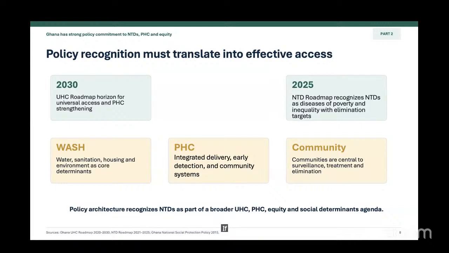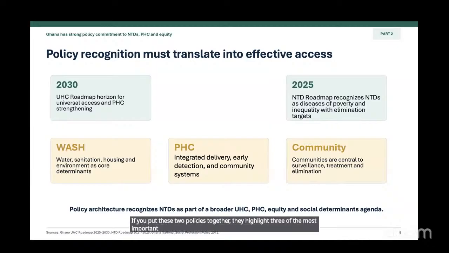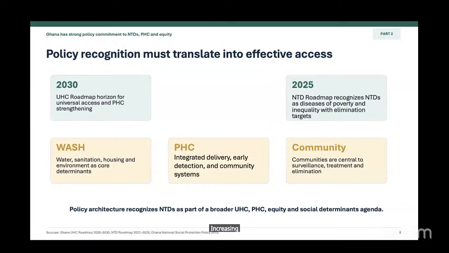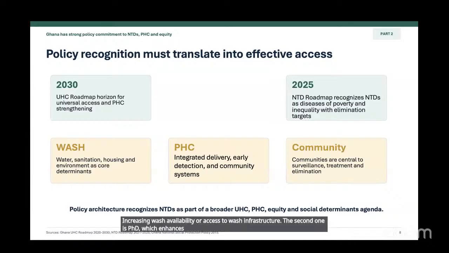If you put these two policies together, they highlight three of the most important components of NTD treatment and elimination strategies. The first one is WASH, which we have heard about. So both the UHC roadmap and the NTD roadmap highlight the need for increasing WASH availability or access to WASH infrastructure. The second one is PHC, which enhances the integration issues that we've been mentioning. So if we really want to integrate, it has to start from primary healthcare levels.